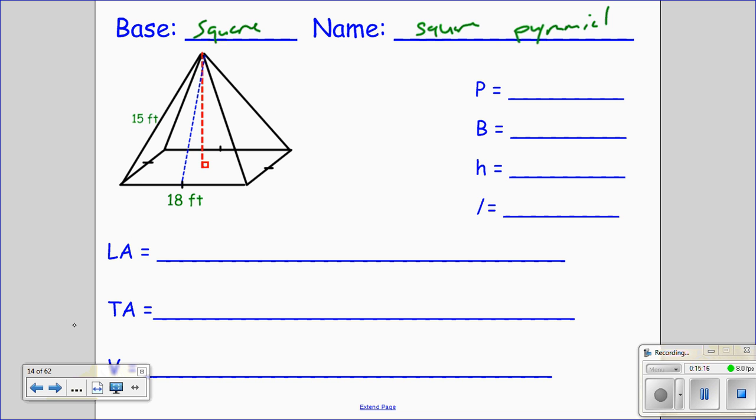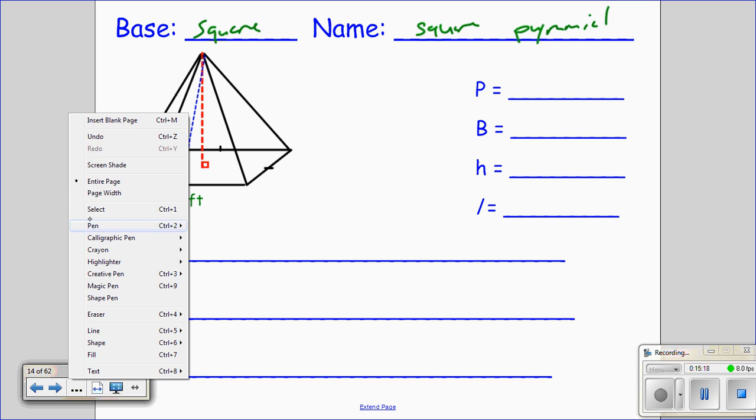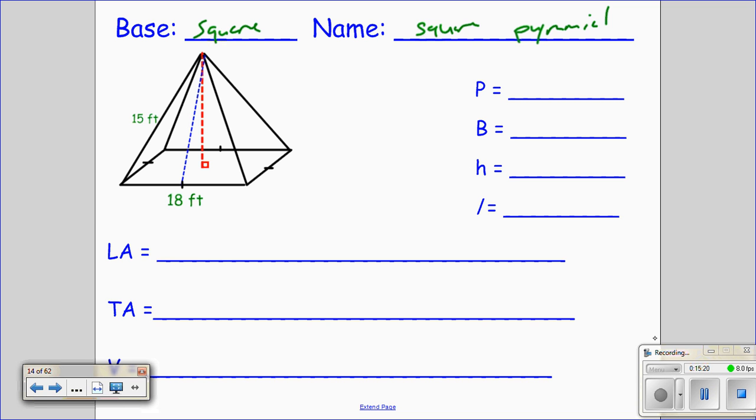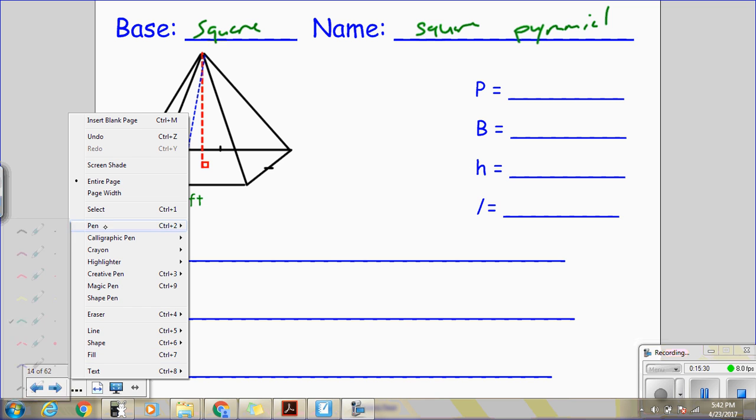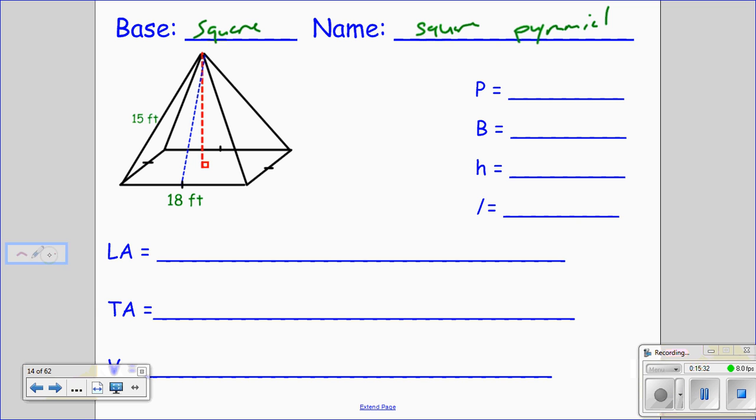Okay, so again, as I was stating, the first height we'll be able to find is the 3D height by using the edge that they give us, 15. So the edge is 15.